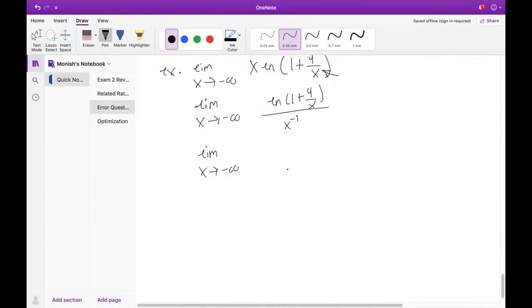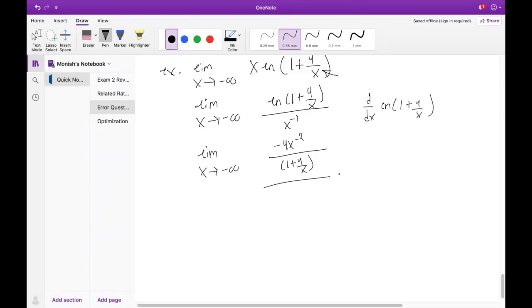So you're going to have to take the derivative of the top and bottom. On the side, let's take the derivative of ln of 1 plus 4 over x. The derivative of this would be negative 4x to the negative 2 as du, and then u is 1 plus 4 over x.